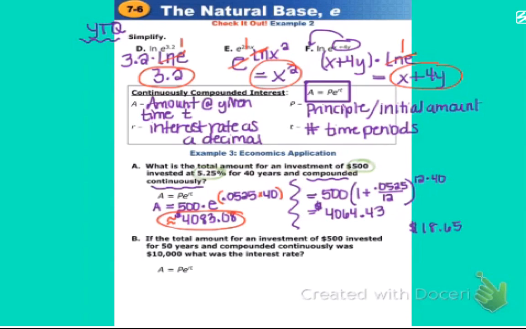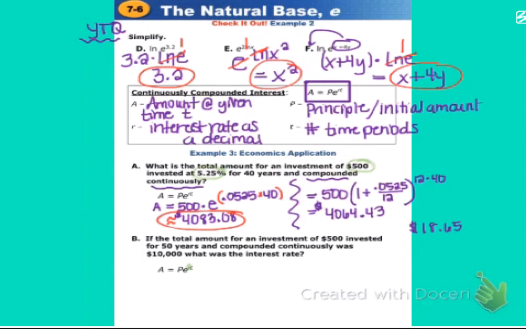When I think about A equals P times e to the rt, I am trying to find what the r would be. I want to know what rate they were offering me if I ended up getting $10,000 at the end of 50 years. Let's plug the values we know into the A equals P e to the rt formula and see how we might solve this.